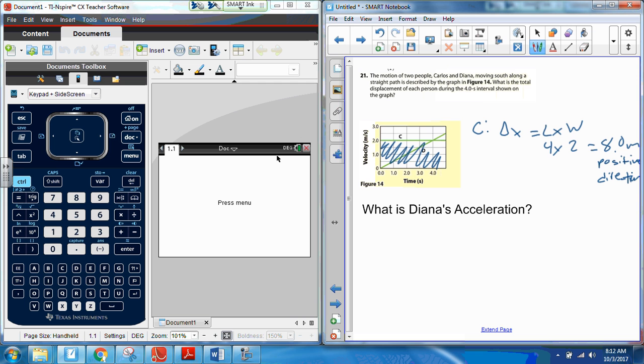Okay? So what about for Diana? How am I going to solve Diana's? Do the same thing, except Diana's a different shape, right? Hers is a triangle. So for Diana, delta x is going to be equal to 1/2 times the base times the height.